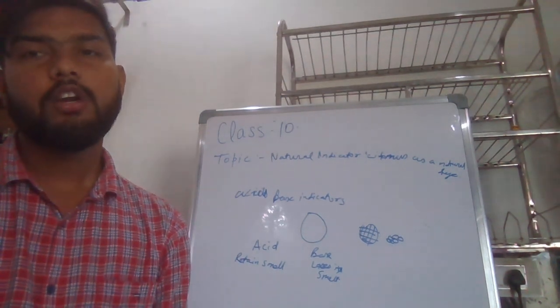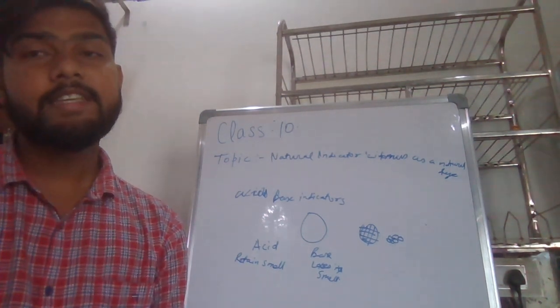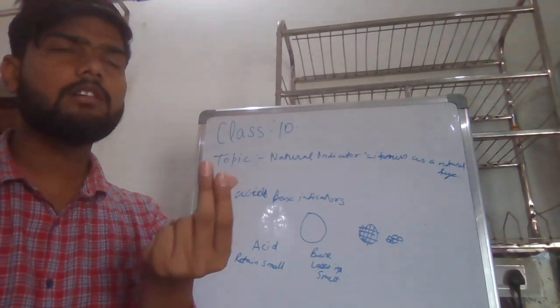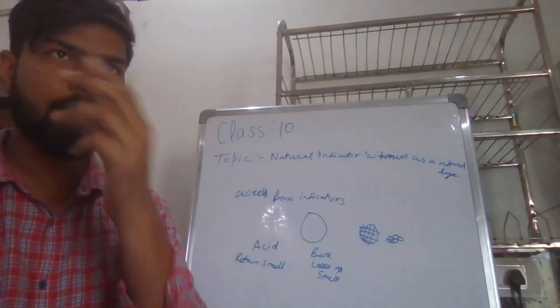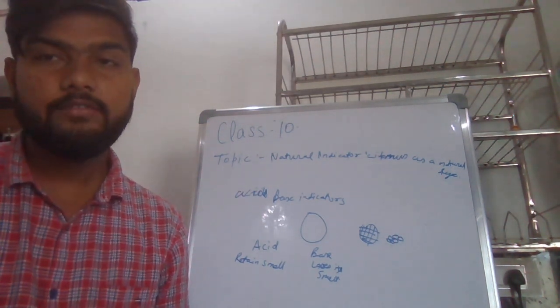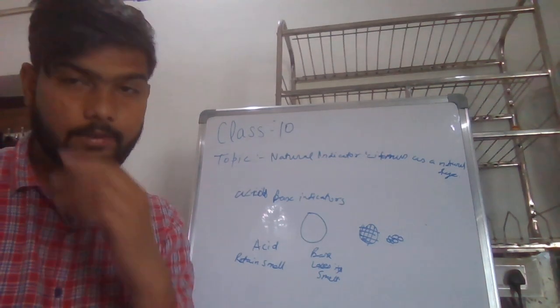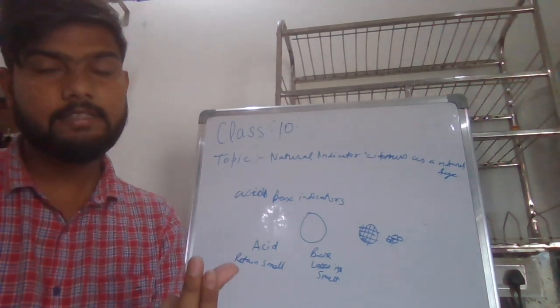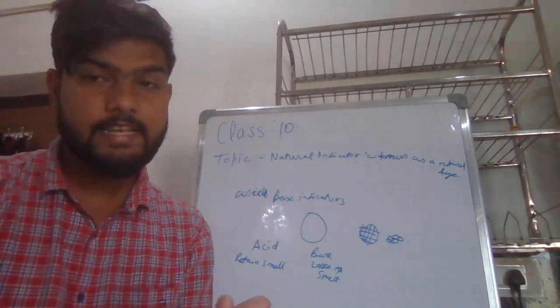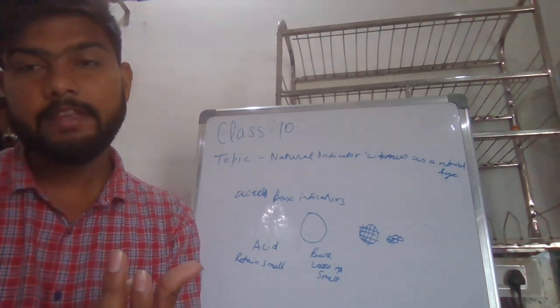Okay, coming to the next, we have seen a cube of ice cream with cream and vanilla flavor. We put an acid and a base in test tubes, where the acid is HCl and the base is NaOH.